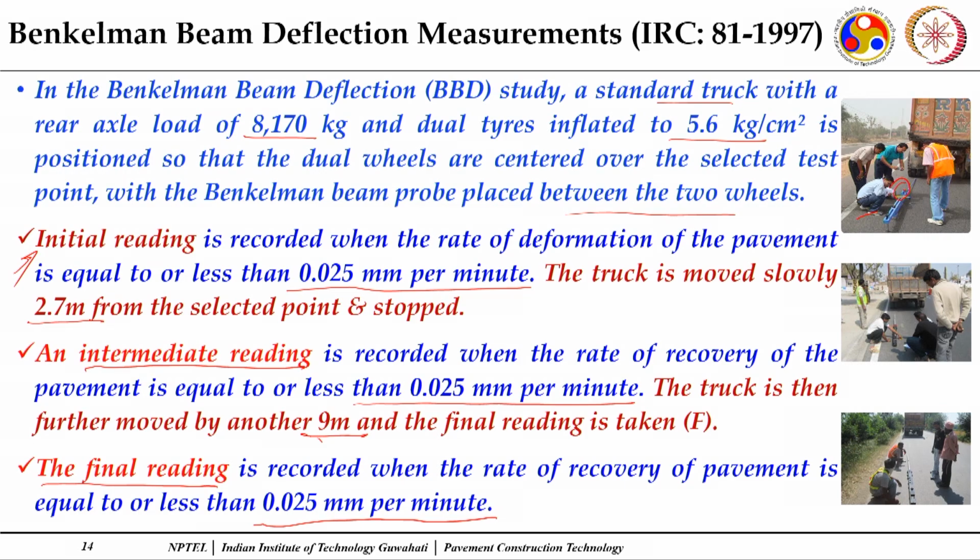So, the first reading where the probe was inserted was my initial reading. Second, when it was moved ahead by 2.7 meter, the second reading. Then the third reading when it moved ahead a further 9 meter. So, I got my third, that is my final reading.